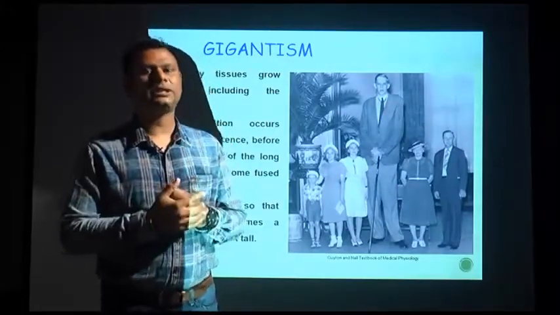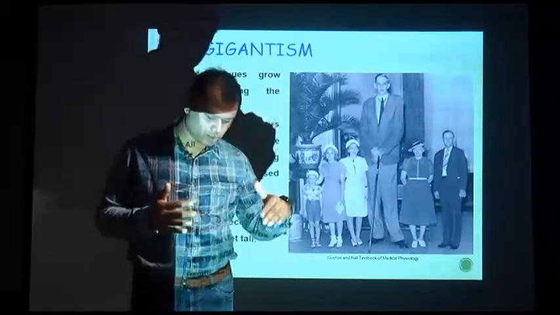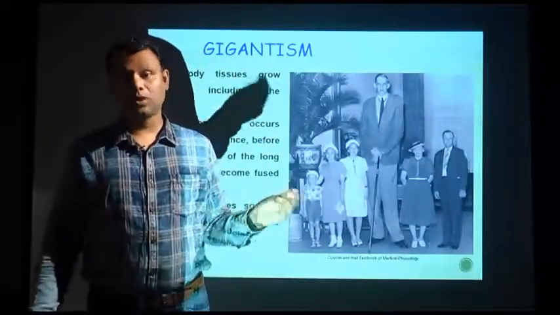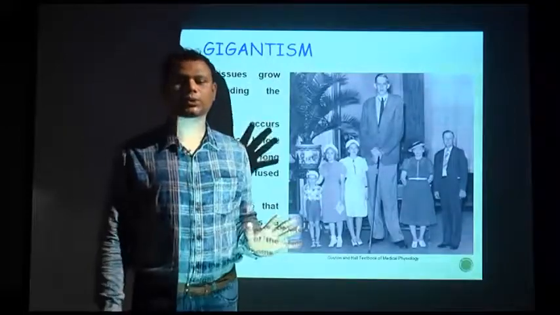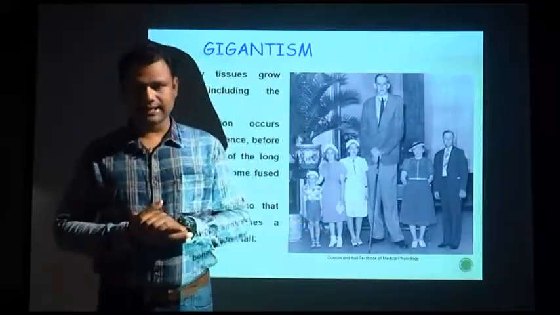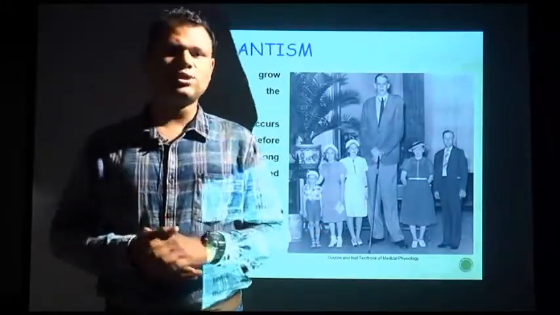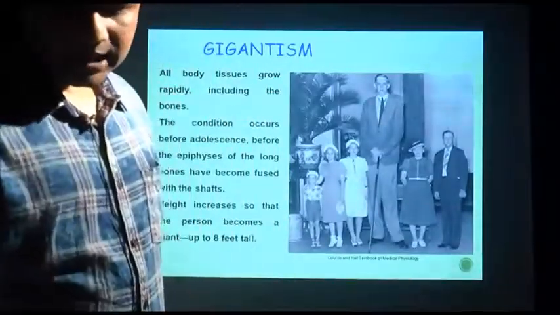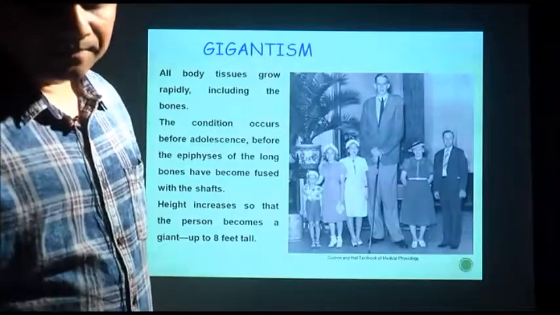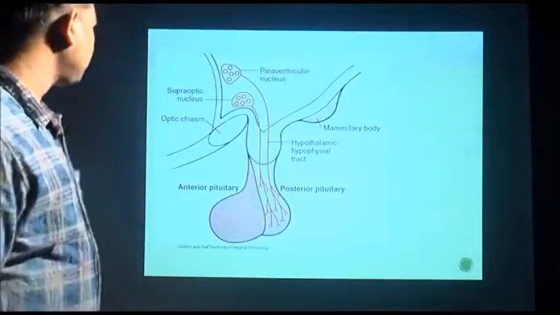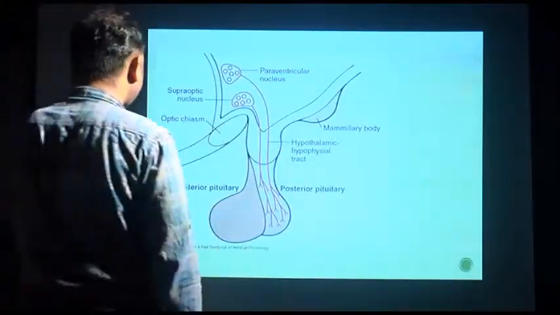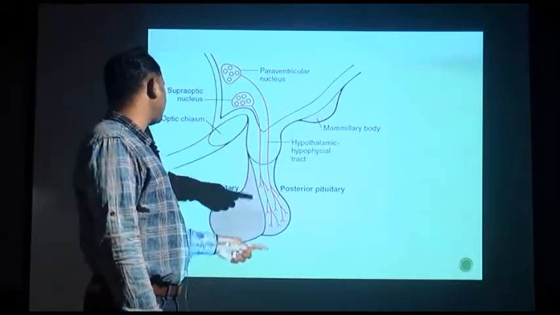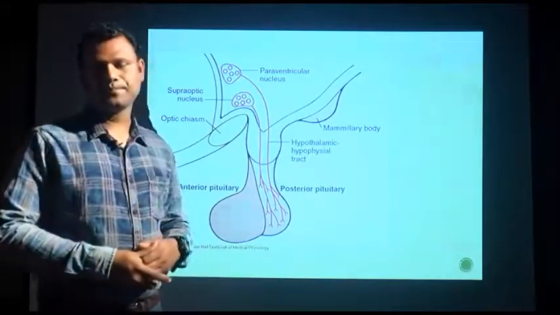In that case, if the growth hormone secretion goes up, the length of the bone increases abnormally, which can lead to a condition known as gigantism. It is also associated with other complications like hypoglycemia and other complications.